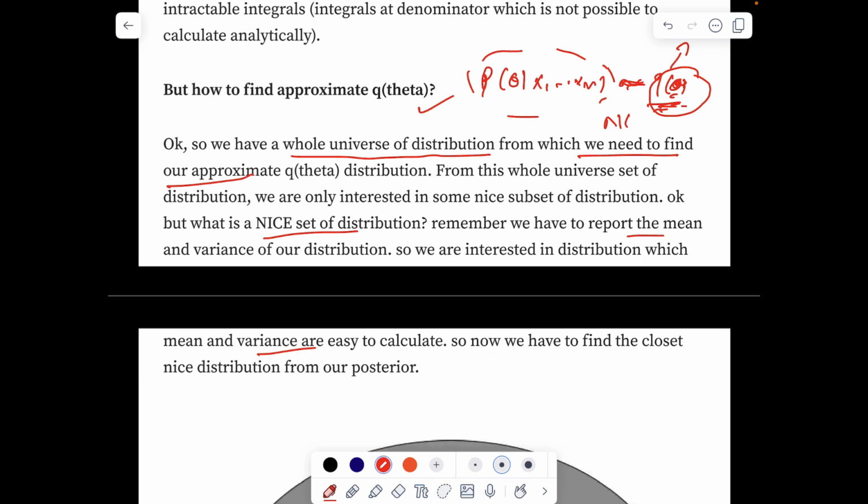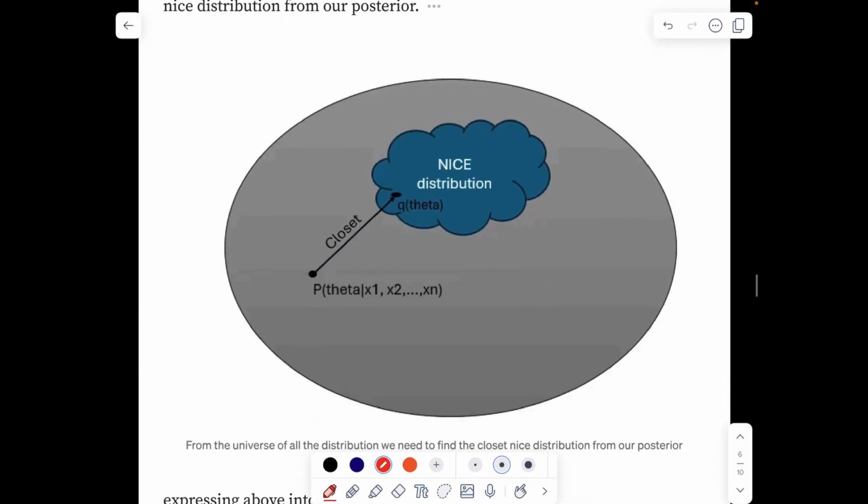Here I am giving you an idea about the picture. This is the universal set of distributions, the whole universe of distributions, and this is your p theta, the posterior. Inside this whole set of distributions, you have some nice distributions.